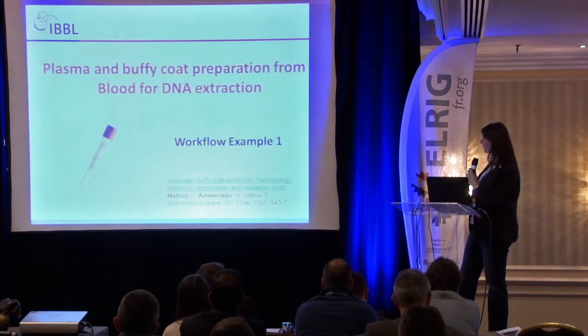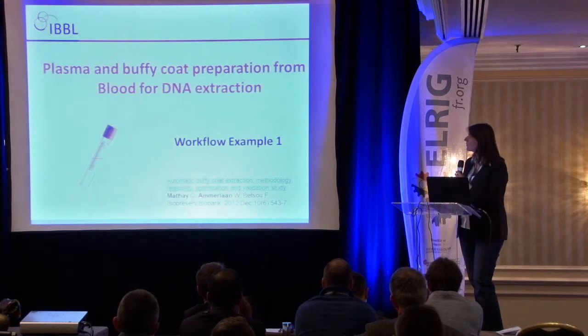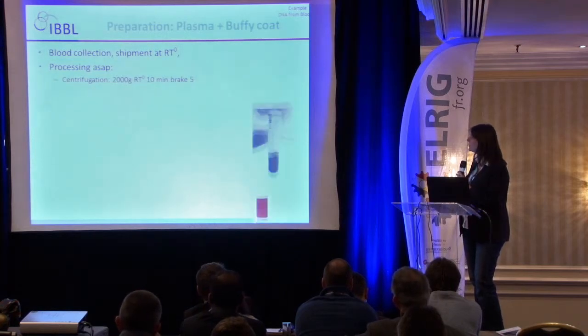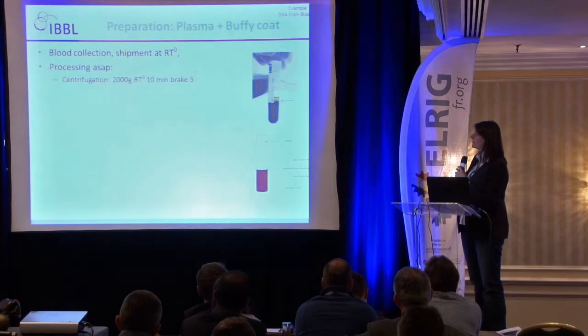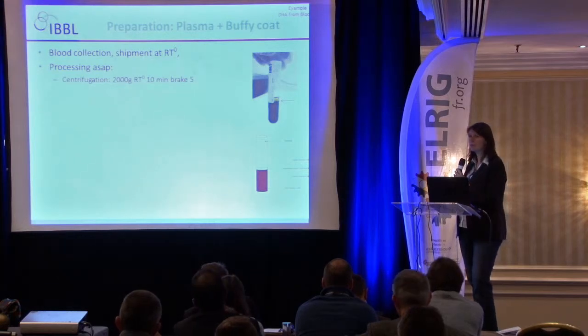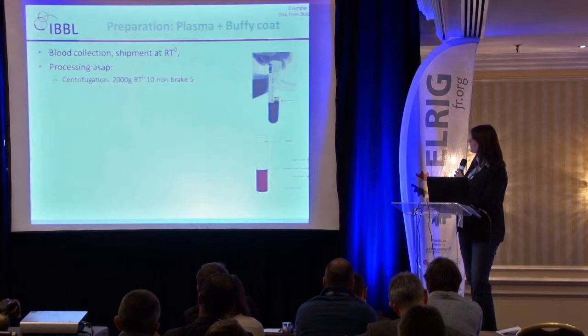So the first example is the plasma and Buffy coat preparation for later DNA extraction. For those of you who are maybe not so familiar with this, first of all, we collect blood in EDTA tubes. Then it's shipped at room temperature. When we centrifuge the tubes at 2000 G for 10 minutes, which is our standard protocol, we get this kind of sample here.